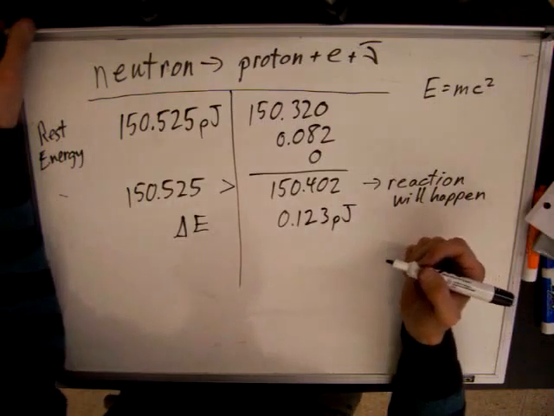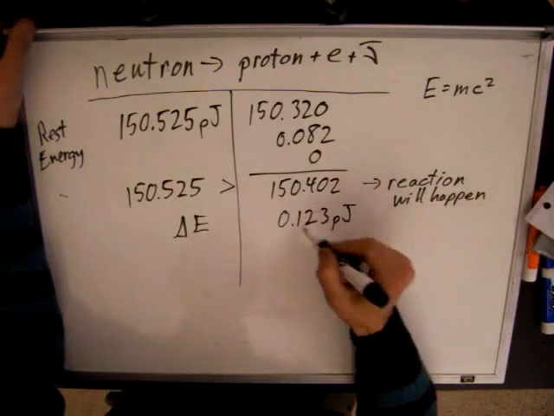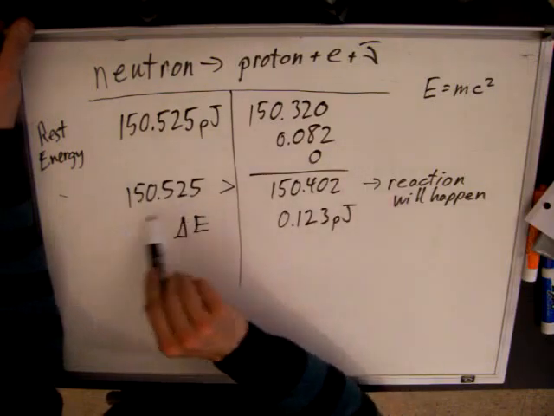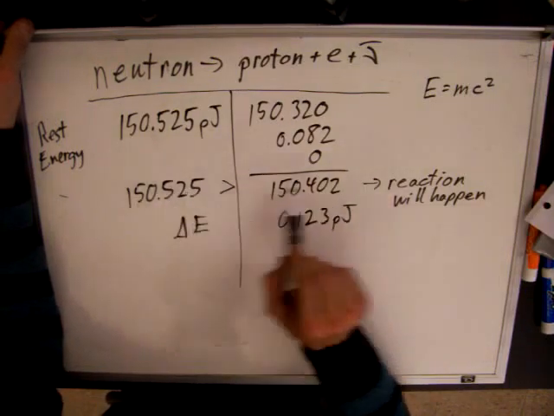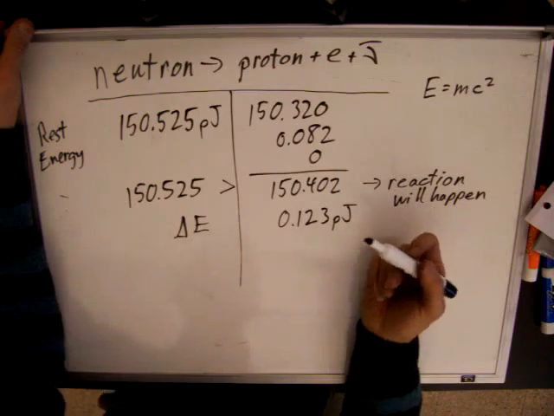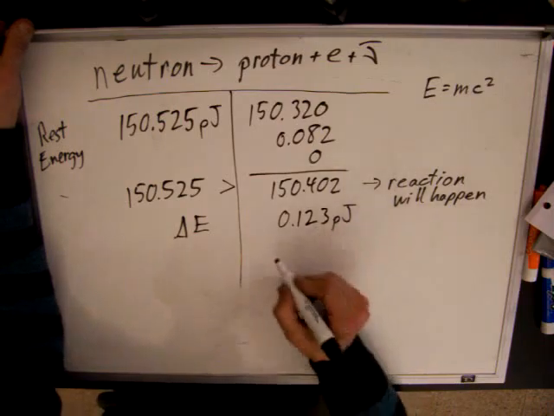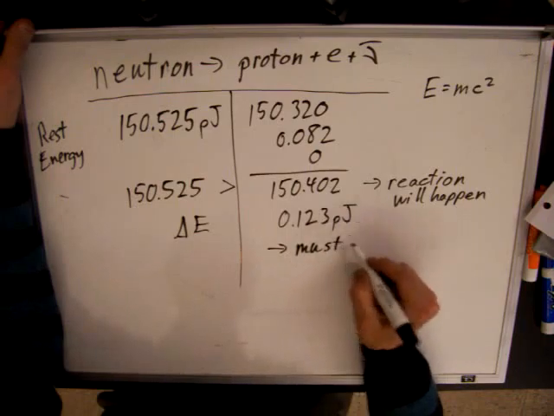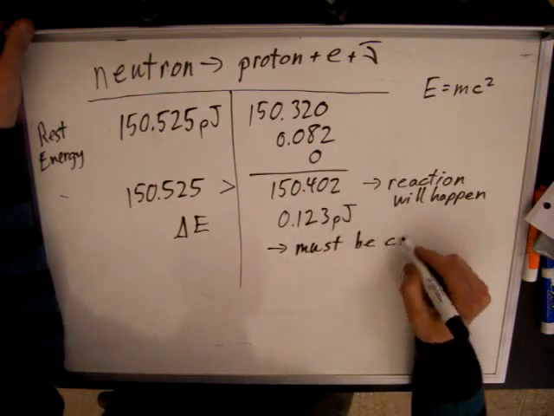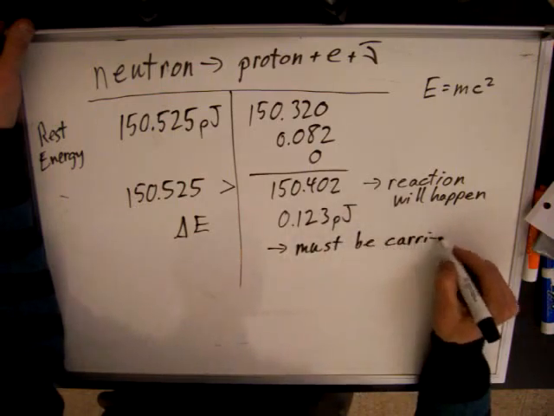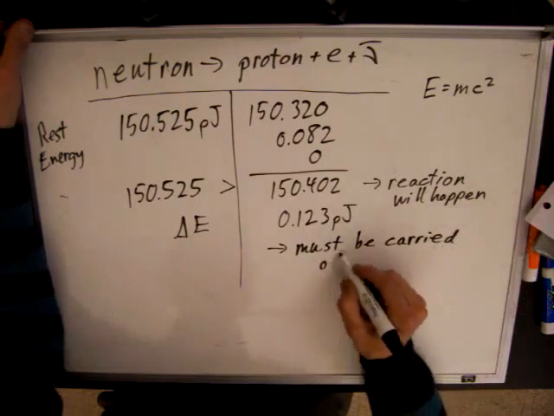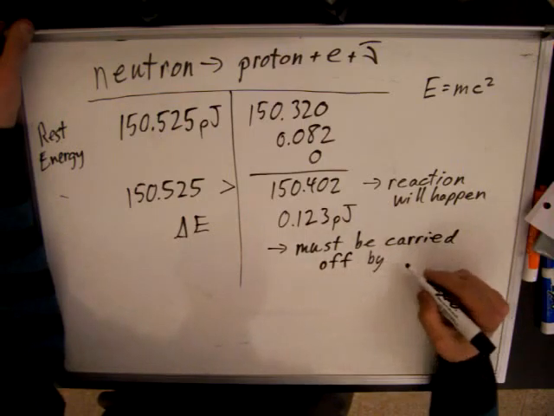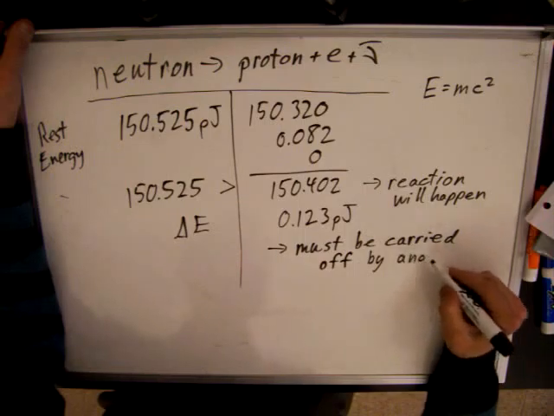What does that mean? Well, that means that there was more energy at the start than there was at the end. Now we know that energy cannot be destroyed, so that means this must be carried off by another carrier.